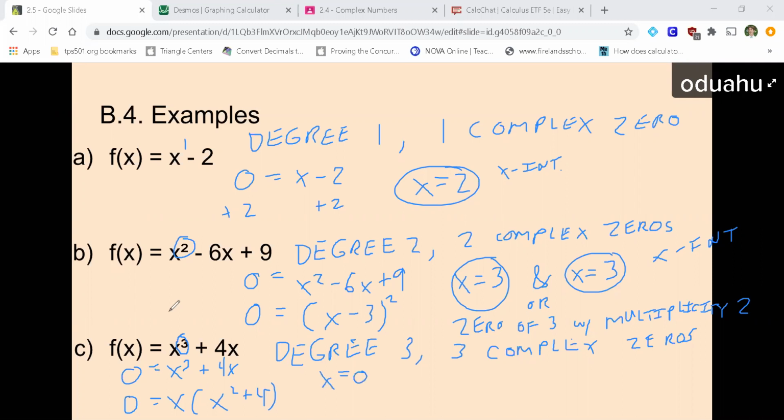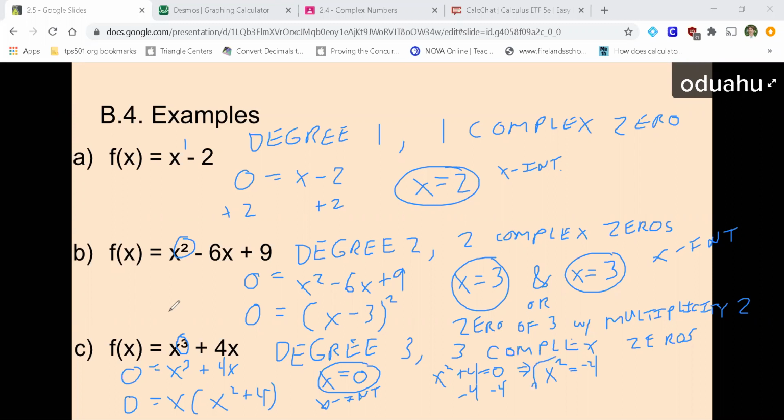So I have x equals 0. That's one of them. It's an x-intercept. And I have x squared plus 4 equals 0. Which means if I subtract 4 from both sides, x squared is equal to negative 4.